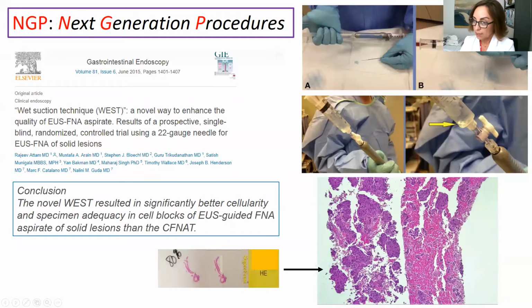This is a real case using EUS fine needle aspiration. We obtain these cylinders. And with this technique, the conclusion of this paper is that it results in significantly better cellularity and specimen adequacy in cell blocks.